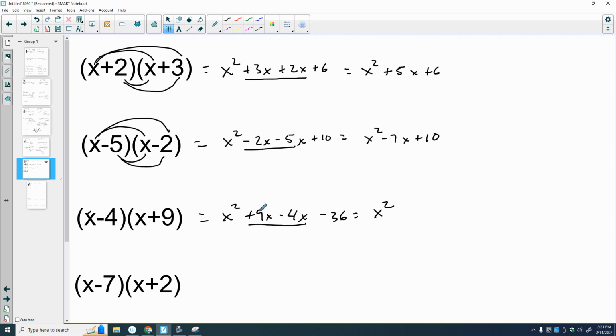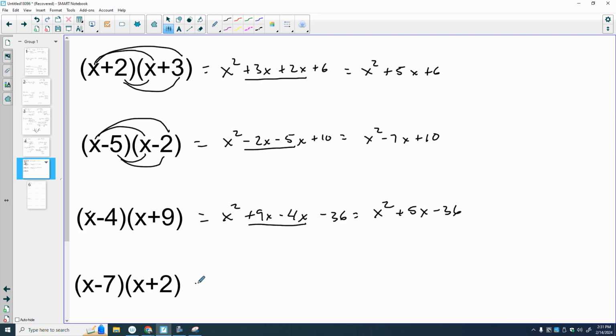When the signs are different, I'm adding two integers together, I actually subtract their numbers. 9 minus 4 is a positive 5x. Why is it positive? Because my 9 is bigger than my 4. 9 minus 4 is 5. I take the sign of the larger number. That was big. Hopefully we got that.